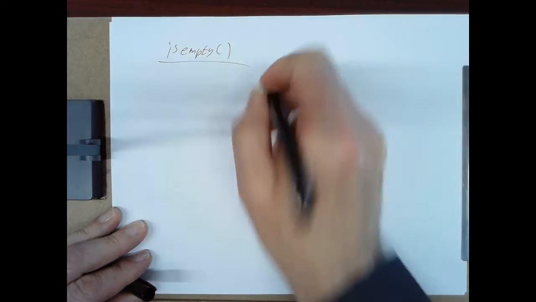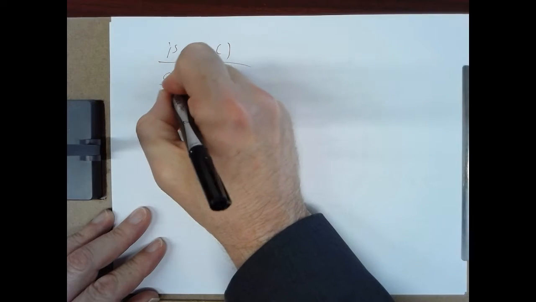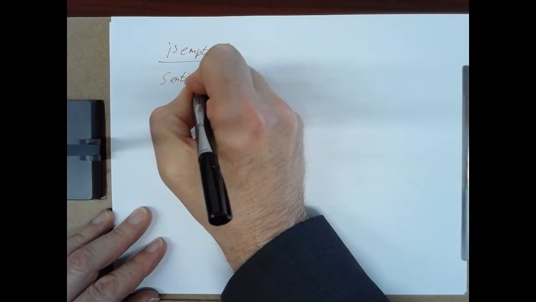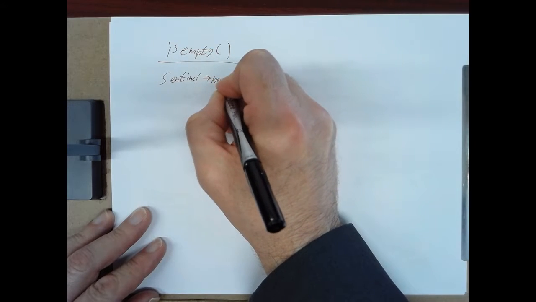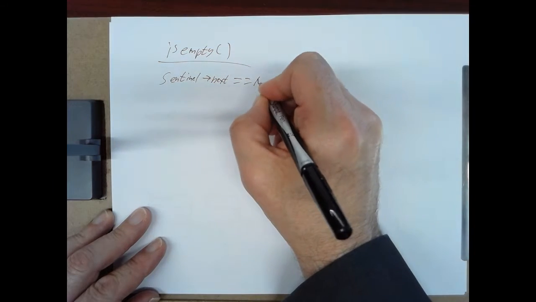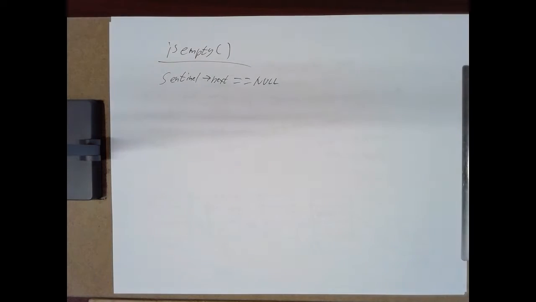So how do we know if the queue is empty? Exactly. If the linked list is empty, the queue is empty. And here again, there's no really rigid definition of a queue being full.